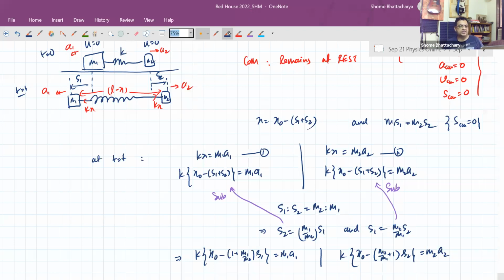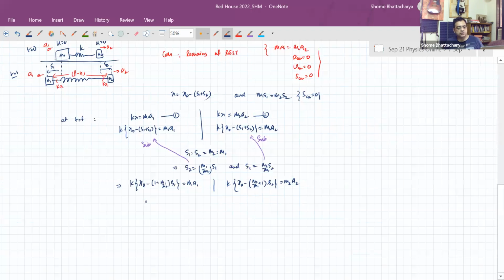This is now going to give us our secondary SHM kind of equation. A1 is d2 s1 by dt square, and A2 is d2 s2 by dt square.